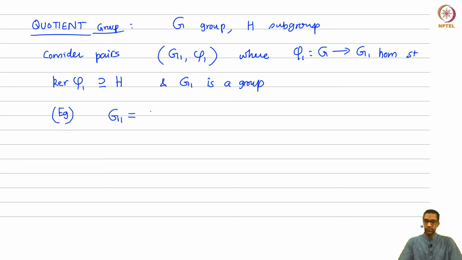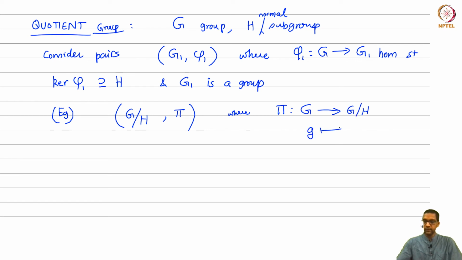I should have said, suppose H is a normal subgroup of the group G. Let's look at the quotient group G mod H. Consider the following pair: for G1 I will take G mod H, and for the map phi 1 I will take the projection map pi, the obvious surjection from G to G mod H, which takes every group element to its coset.